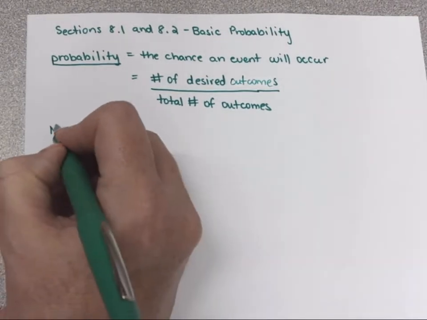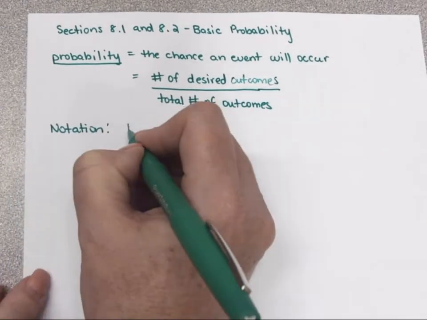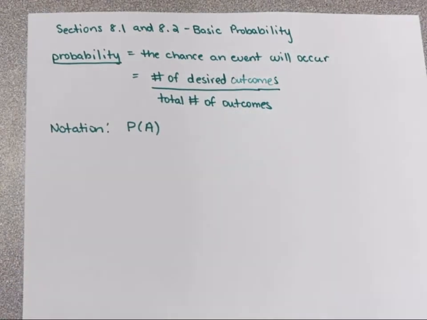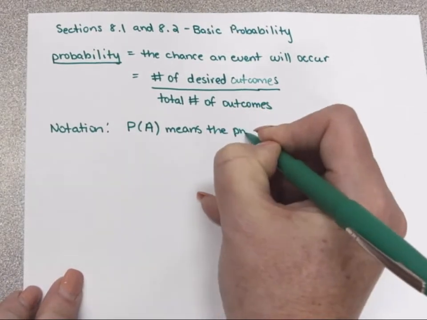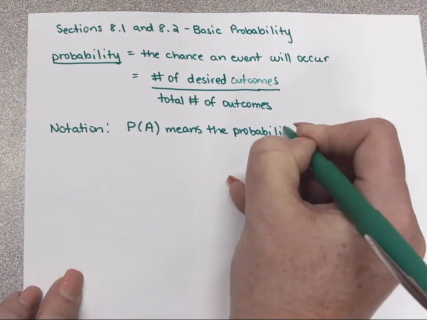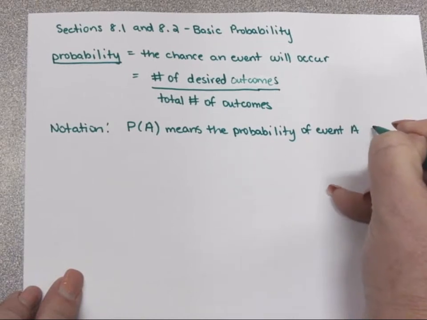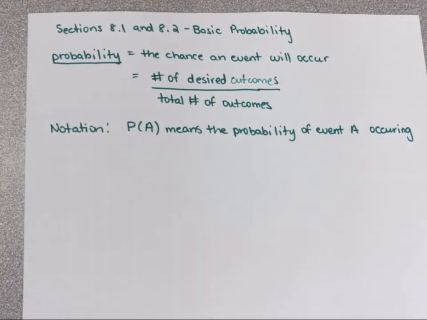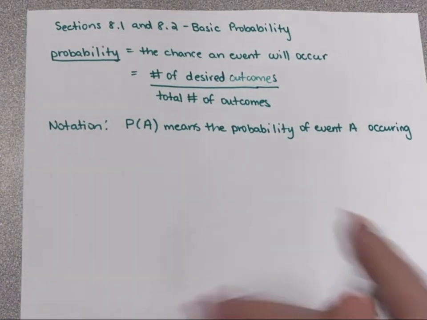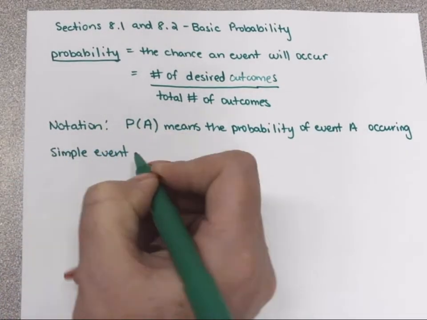All right, so when we discuss the probabilities of things, we're going to use some kind of common notation. So when you see a capital P and then something in parentheses, this means the probability of event A occurring. All right, so the first types of events that we're going to find the probabilities for are called simple events.